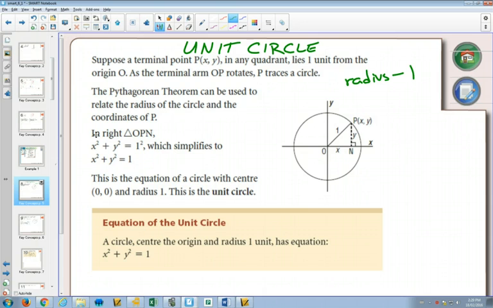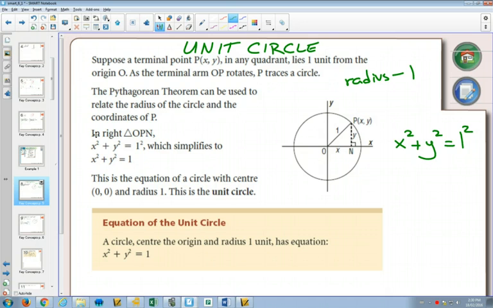And for all of those right-angled triangles, you can use a squared plus b squared equals c squared. If I do a squared plus b squared equals c squared, with 1 squared, what I get is the actual equation of a circle. So you've learned that lines are y equals mx plus b, parabolas are y equals x squared, and different things like that.